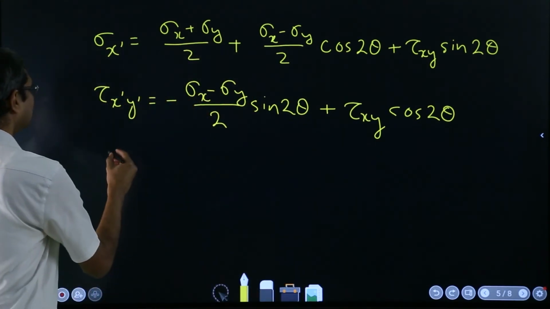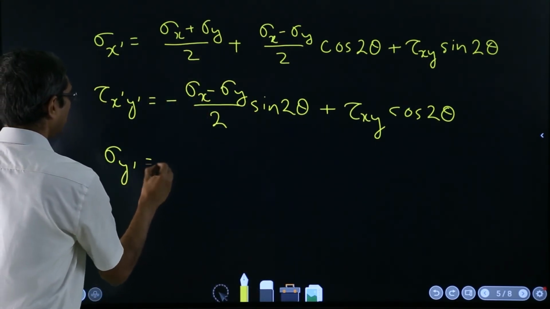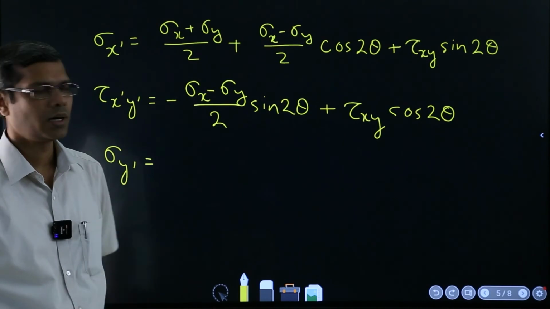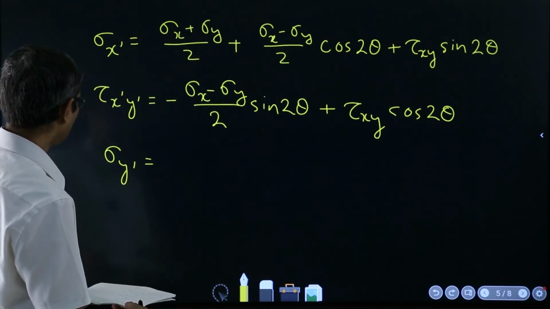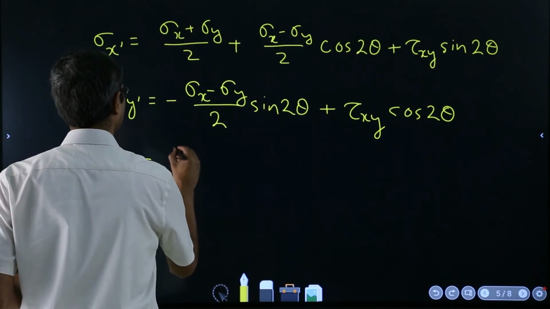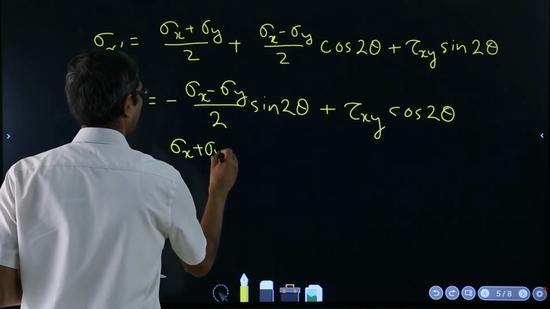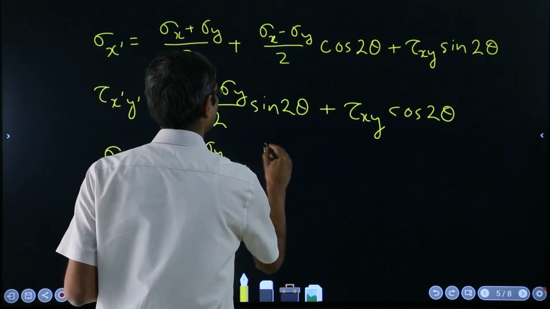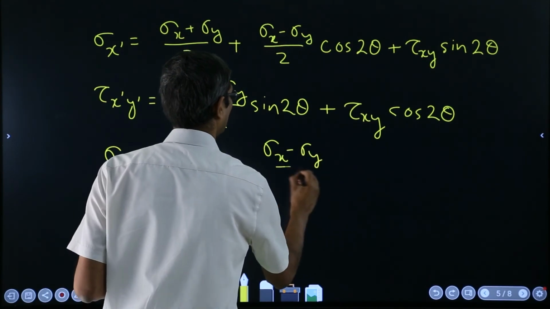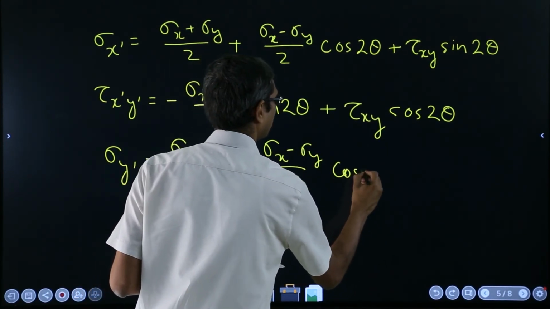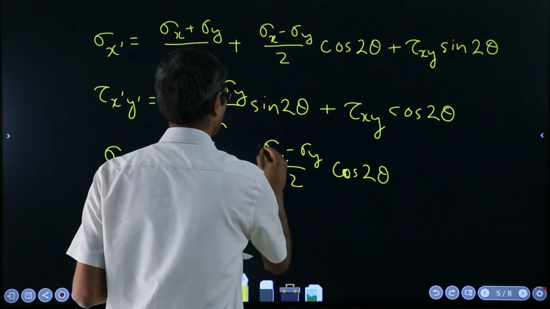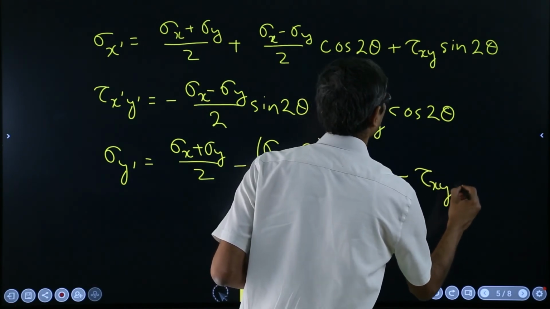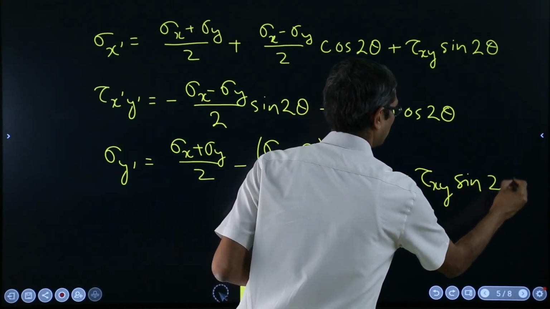And in fact the other term, which is the sigma y primed, you can directly get by replacing theta with theta plus pi by 2. Okay. So if you do that, you will get this expression as sigma x plus sigma y over 2 minus sigma x minus sigma y over 2 times cosine of 2 theta, okay, minus tau xy sine of 2 theta.